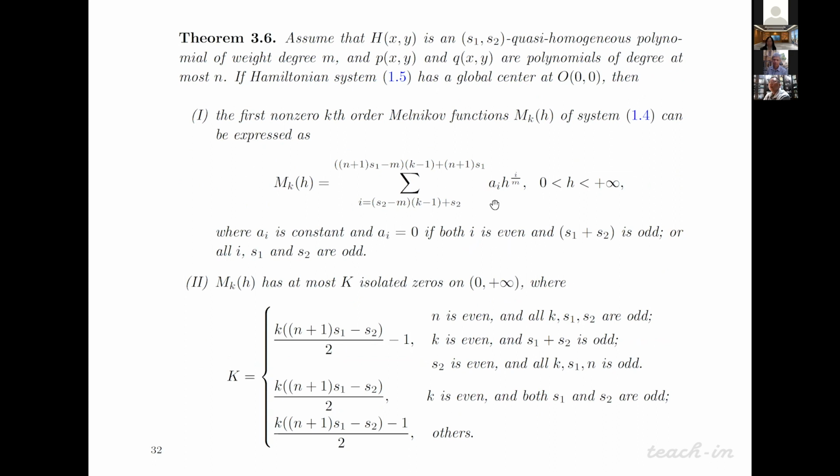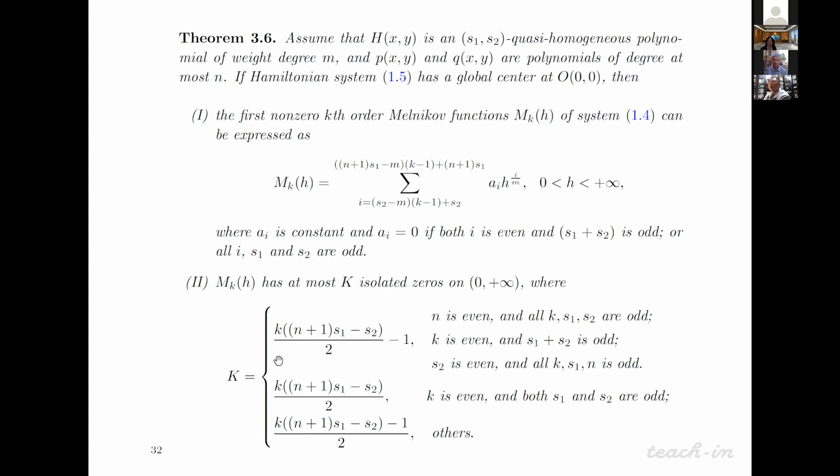If this capital H(x,y) is quasi-homogeneous, and we take the first non-zero case, all the Melnikov functions M_k of H can be expressed this way. And this coefficient a_i is a constant.